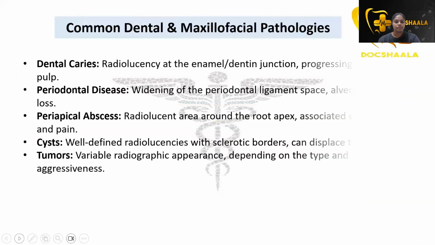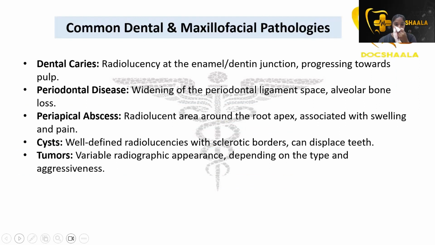Right. So let's see how common dental and maxillofacial pathologies look. Dental caries, as we know, is a radiolucency which can be seen at the dentin enamel junction, progressing towards the pulp. It will be triangular. Then periodontal disease: widening of the ligament space and alveolar bone loss.